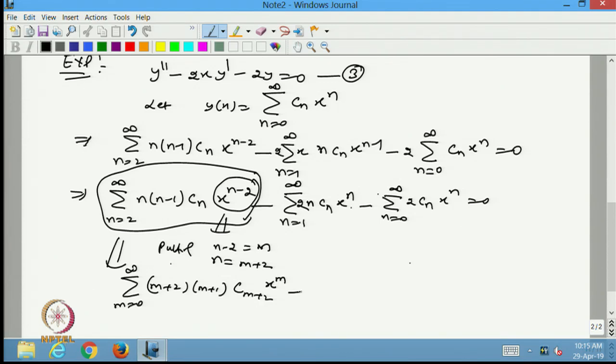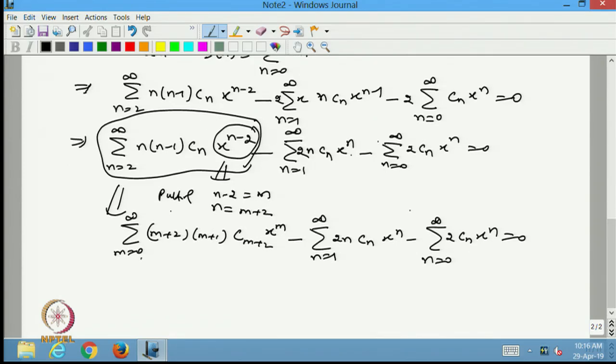Further, the remaining terms are the same equation: the summation n from 1 to infinity of 2n Cn x^n minus the summation n from 0 to infinity of 2 Cn x^n, equal to 0.